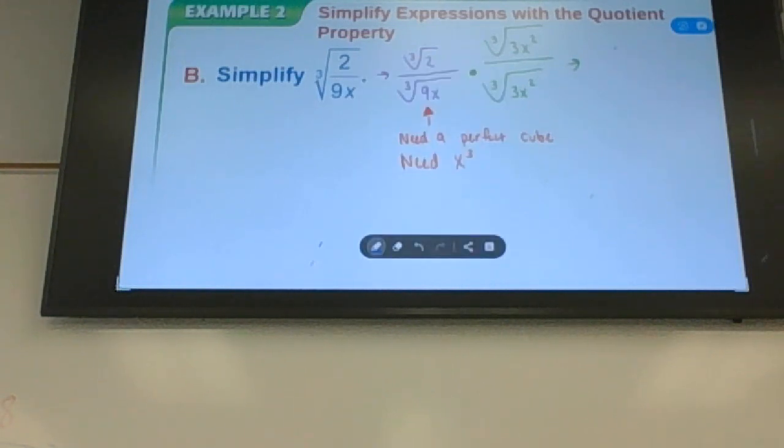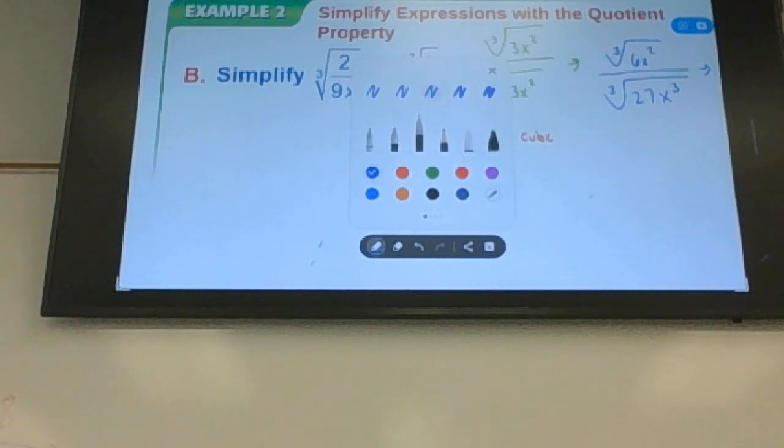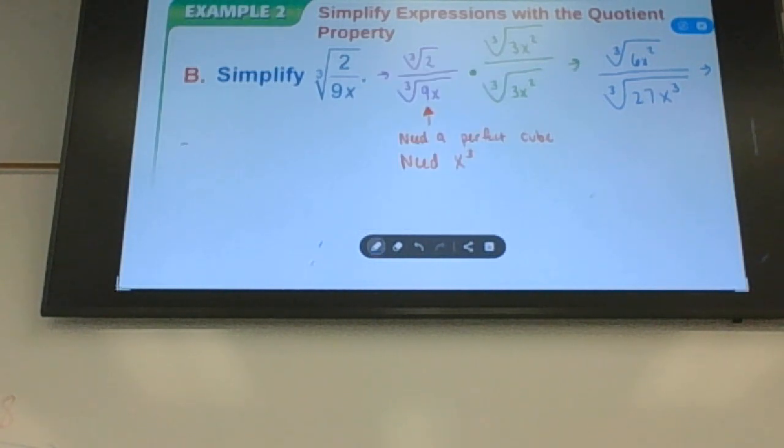So what I got now is the cube root of 6x squared all over the cube root of 27x to the third. The cube root of 6x squared doesn't work. Matthew, what's the cube root of 27x to the third?